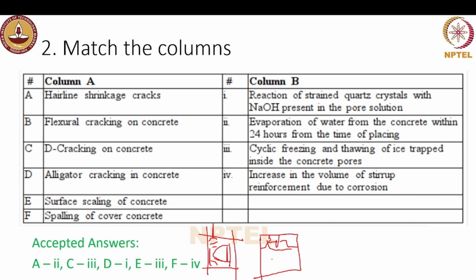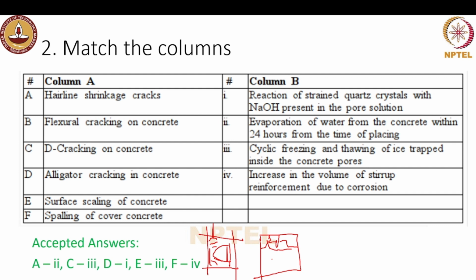So when quartz crystal reacts with NaOH, what is happening? Our hydroxides are getting consumed. Because of the consumption of hydroxide mainly, you will see that the pore solution composition is changing. Because of this, your water consumption will increase, and which will cause cracking on the surface of the concrete.